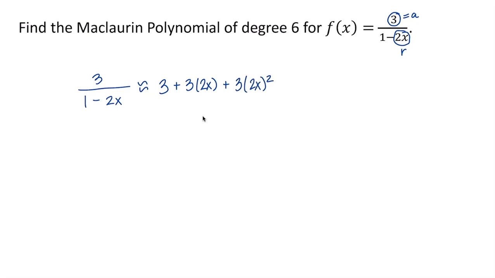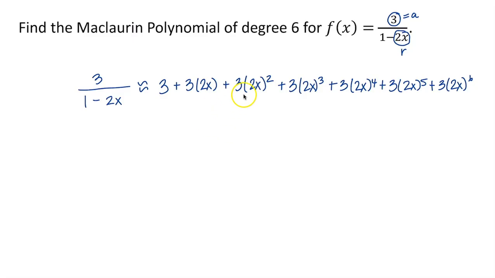So we multiply by another copy all the way until we get to a degree 6. Right now, x is only being squared. So we're going to have plus 3 times 2x cubed plus 3 times 2x to the 4th plus 3 times 2x to the 5th, and then plus 3 times 2x to the 6th.